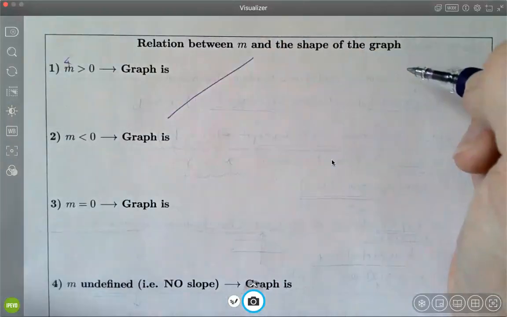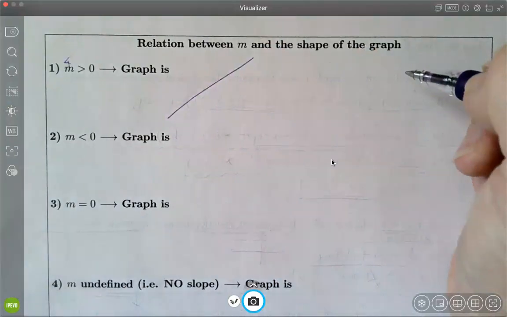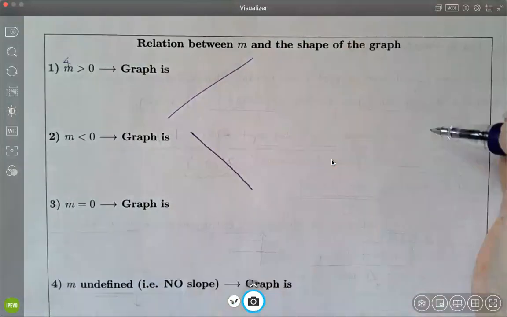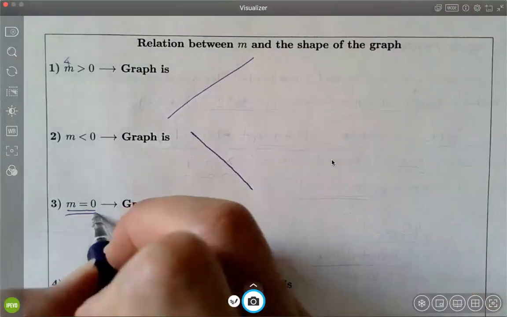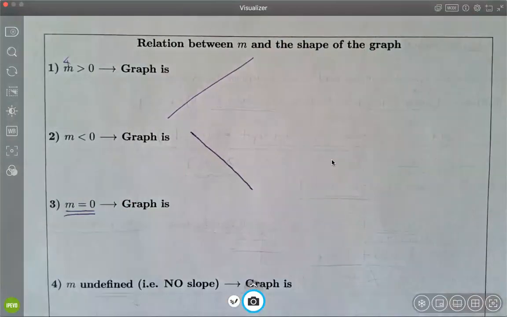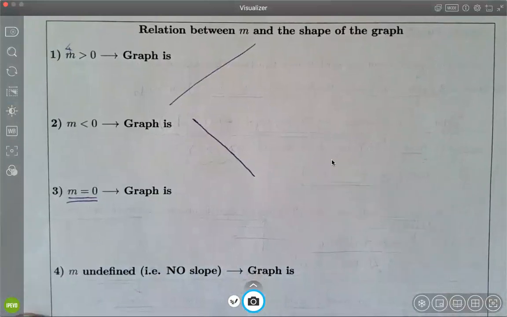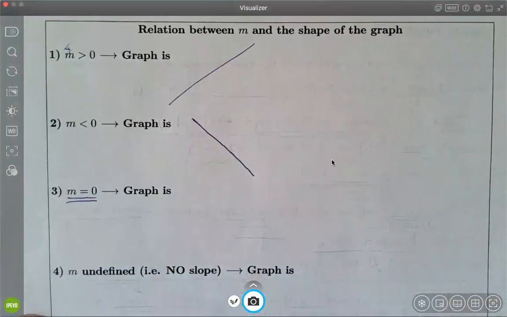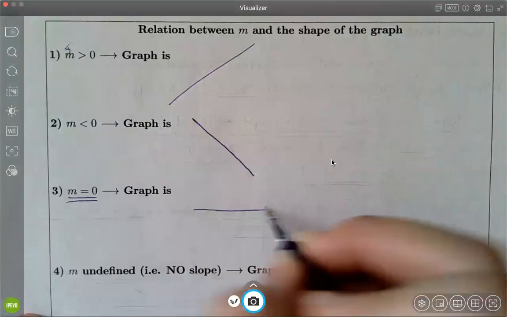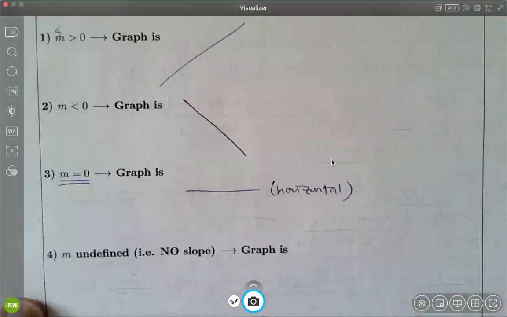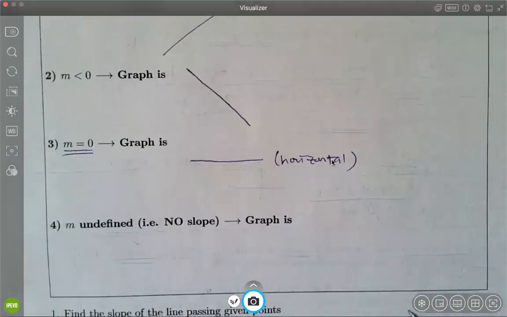Now the negative slope. Negative slope means the opposite, so it's a decreasing line. And now the zero slope. How does the line look? Horizontal. Horizontal line, yes. And now the last case, the slope is undefined.